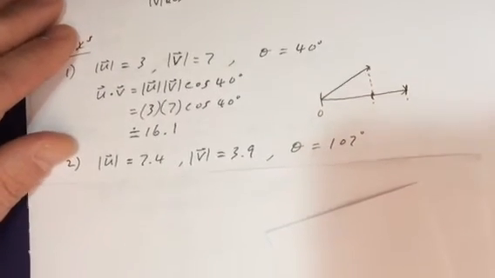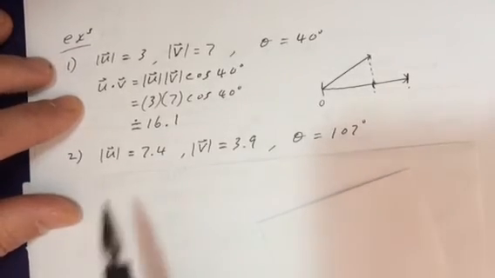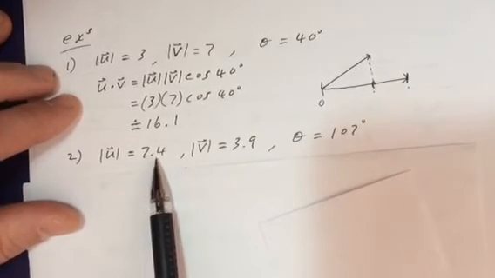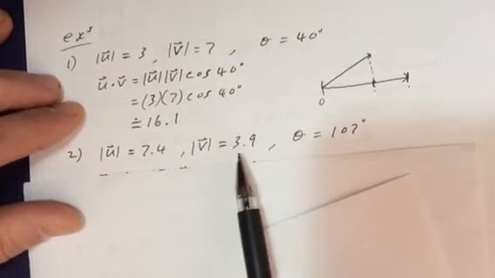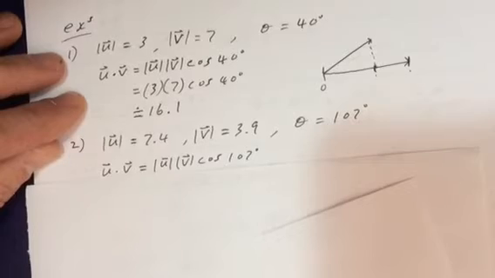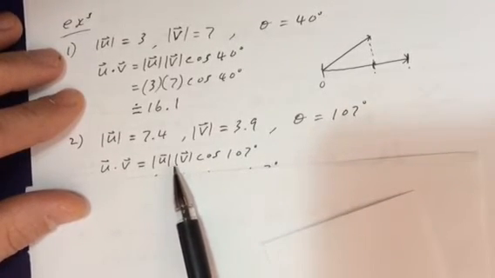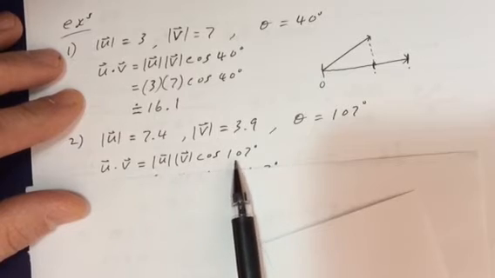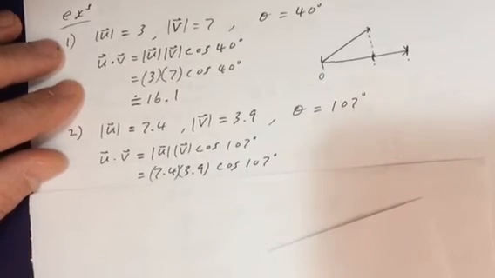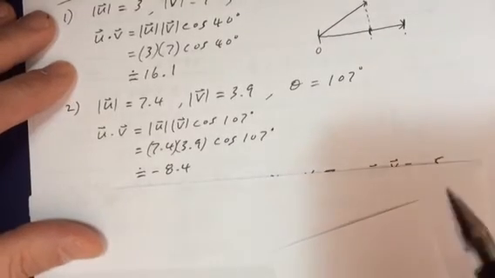Okay, what about this one? The angle is 107 degrees. The magnitudes are not as nice as the other one, so 7.4 and 3.9. When you do the dot product, u dot v, magnitude of u times magnitude of v, cos 107 degrees, plug it all in, you get negative 8.4.